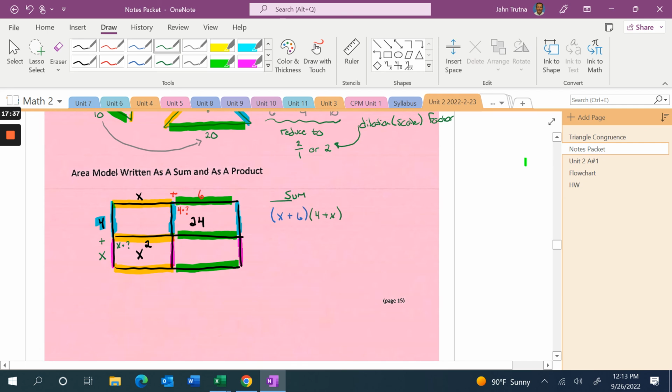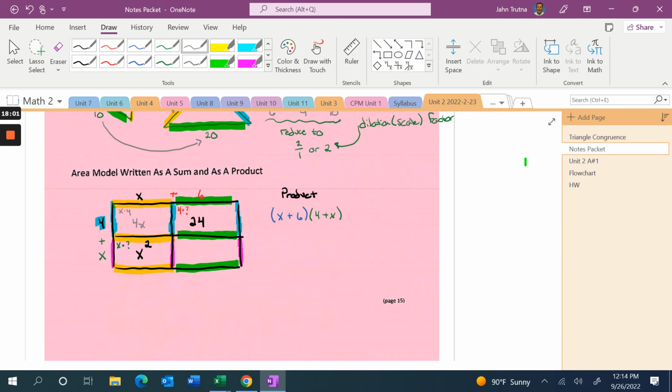That's the sum. I'm sorry, that's not the sum. That's what we call the product. When we represent an area model, we call that the product. So the product is the length times the width of the entire rectangle. Okay, now let's fill out the other portions of the rectangle. So this top left portion would be x multiplied with 4.